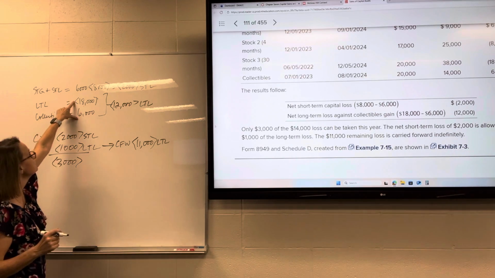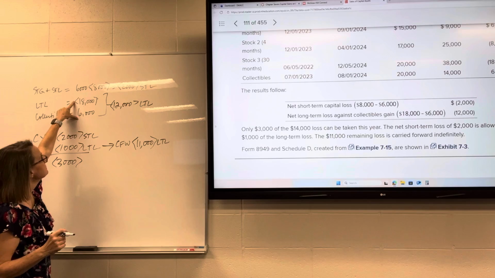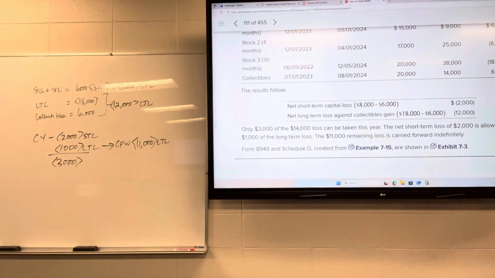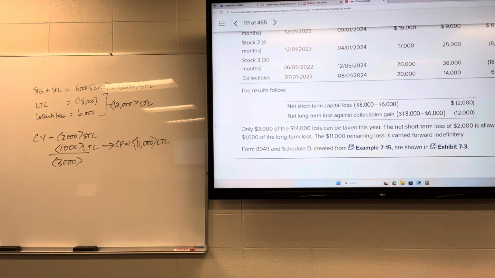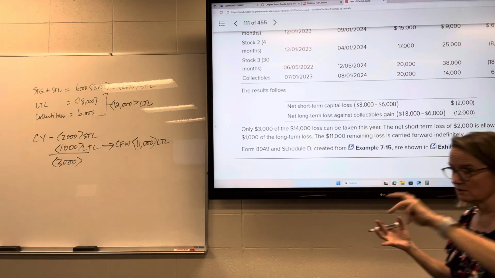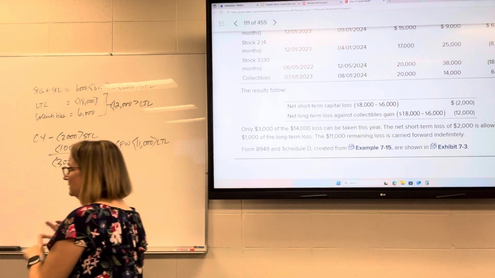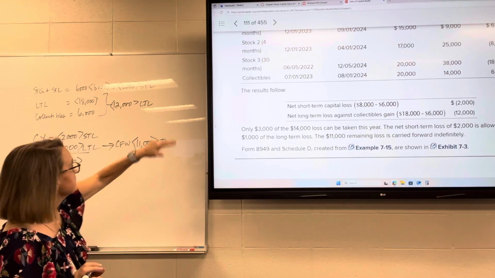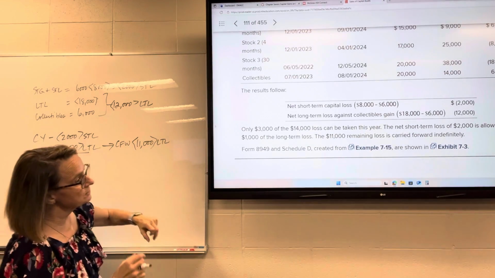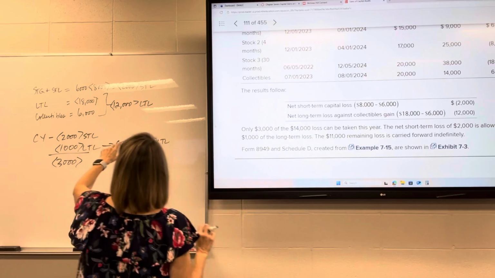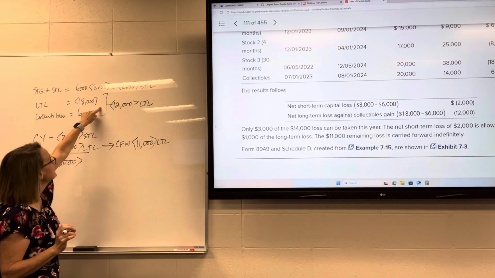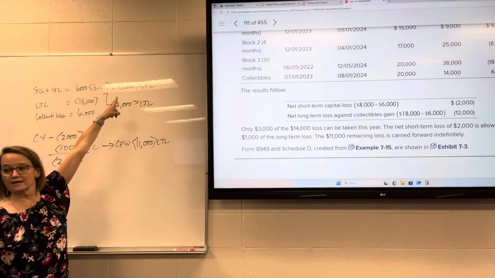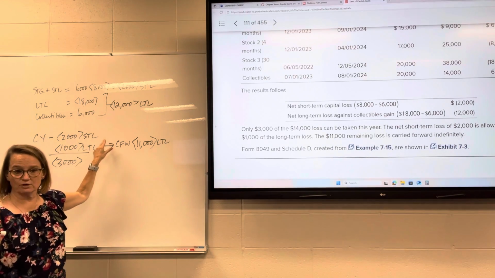So we'll combine these two. Because again, that 28% is considered a long-term loss rate. Our long-term loss rates are 28%, 25%, 20, 15, 0. So that's considered long-term. We're going to net those long-term all together. So that's why we're doing this part. And then we get to take 3,000 of that, all 2,000 of the short-term, and then 1,000 of the long-term.